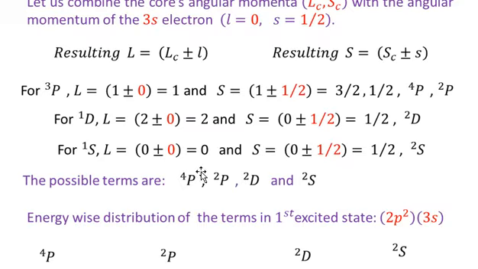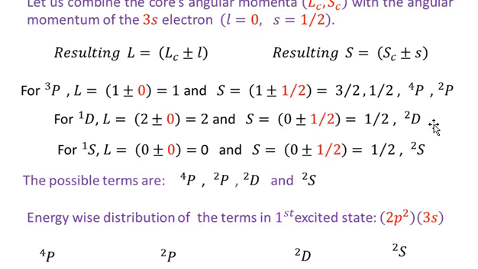The values in red are obtained from the 3s electron with L is equal to 0 and S is equal to half. So I obtained the value of capital L is equal to 0 and the corresponding symbol is S, and capital S is equal to 1 half and the corresponding multiplicity is 2. So the term 1S when combined with the 3s electron will give you the term 2S.